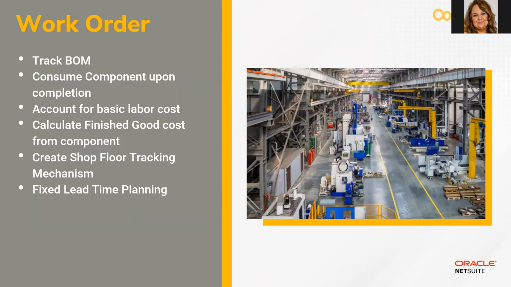You can schedule them. It gives you a lot more features compared to the assembly build. You cannot do capacity planning. The work order is considered the plan, and the posting is the assembly build, which we talked about in the previous section.